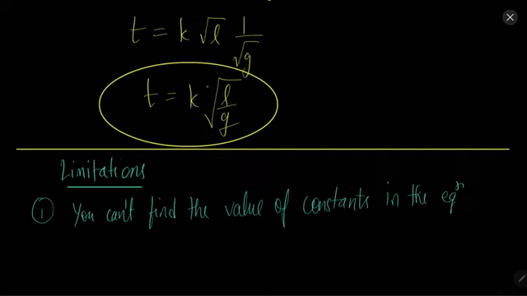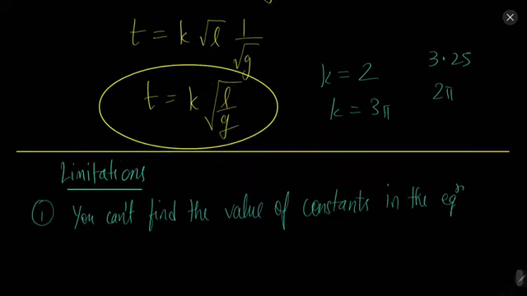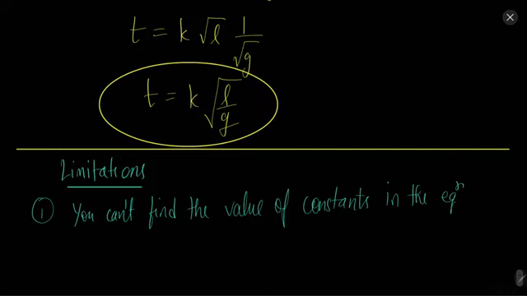Now I can put anything at k. I can write 2, I can write 3 pi, I can write 2 pi, I can write 3.25, I can write anything, and the dimensions will be the same on both these sides. So dimensional analysis does not tell us the exact value of the constant. If we want to find the exact formula, we cannot find it using this.